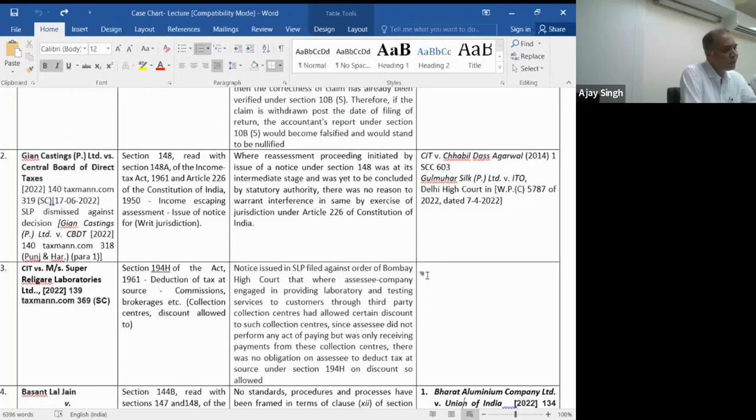The court said that the error which would have been there will be looked into in the course of the assessment and not at this particular stage. And for rectification of error, statutory remedies are provided under the Act. And therefore, considering all these facts, the court refused to entertain the petition.